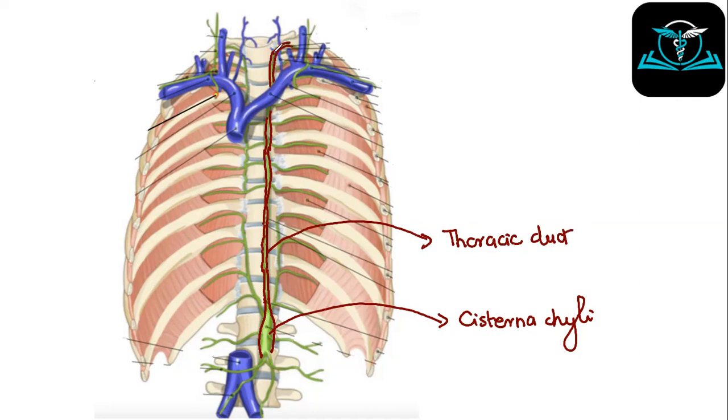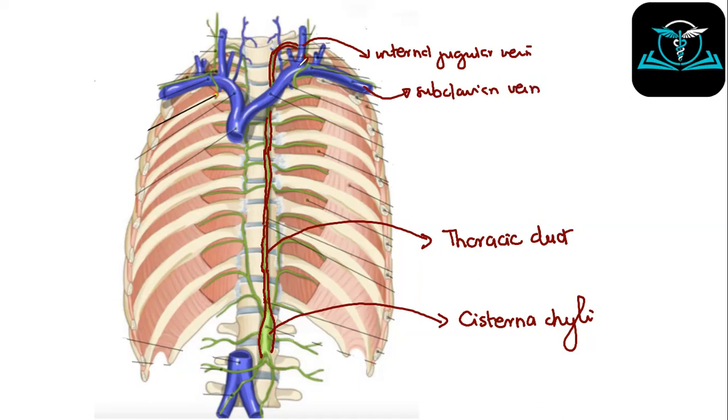I'm going to follow it up in the root of the neck, and you see that it drains into the angle. This vessel here is the internal jugular vein. And this vessel here, like I said early on, is a subclavian vein.